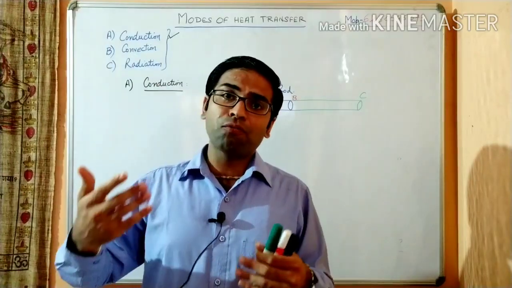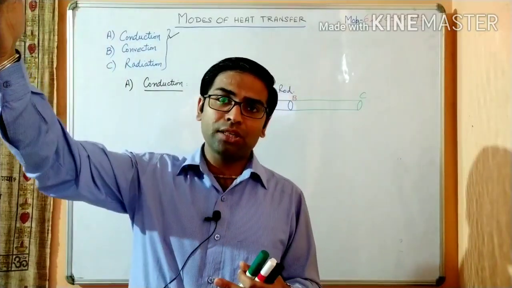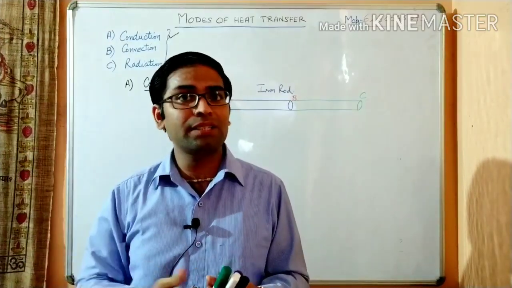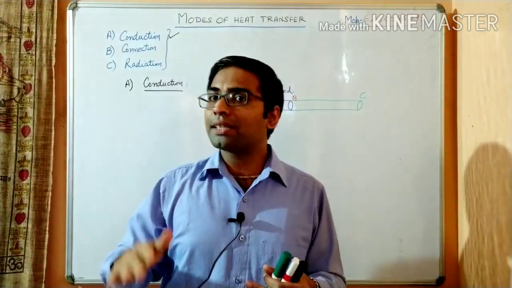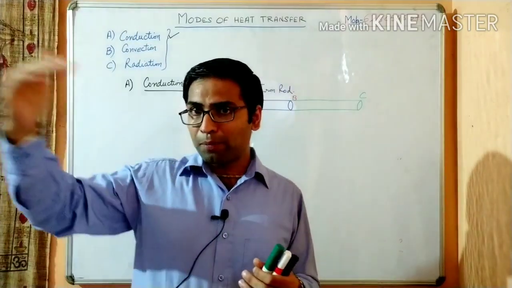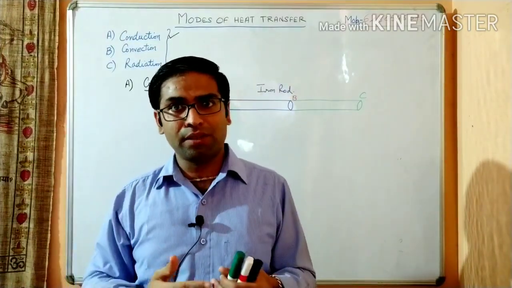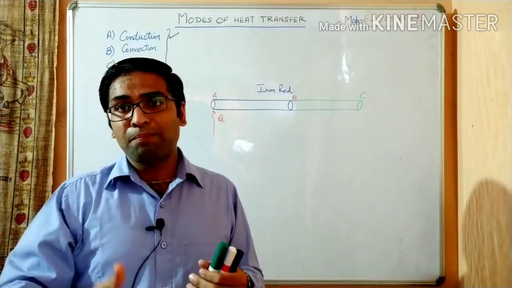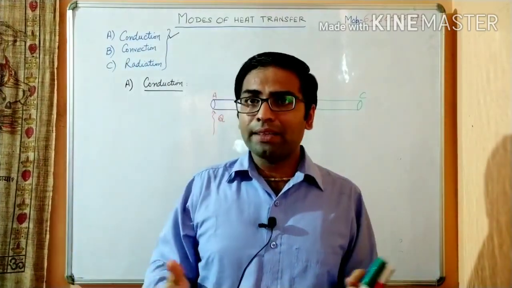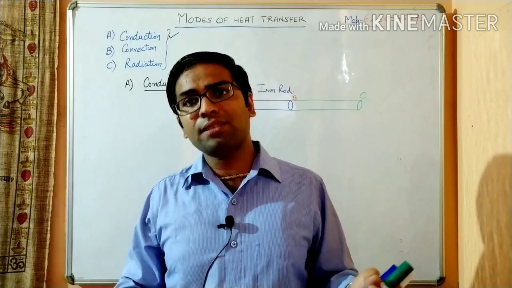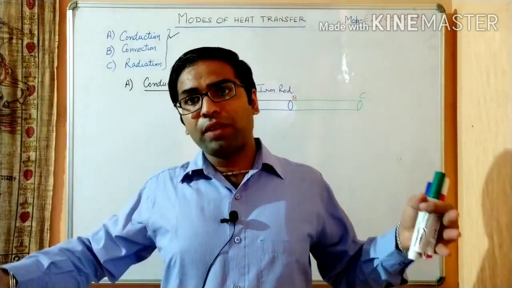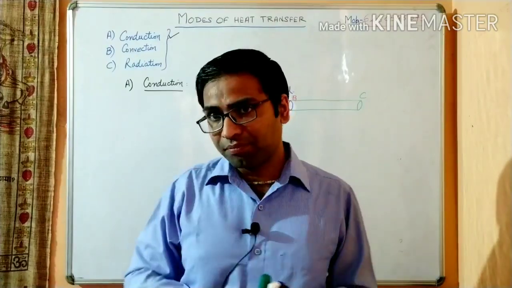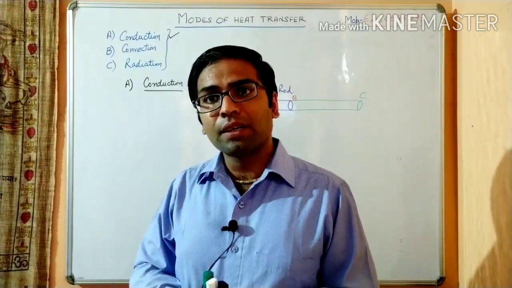Like water flows from high elevation, that means from higher altitude or high potential energy region, to lower altitude, that is low potential energy region. Similarly, from higher temperature to lower temperature side, there is natural, spontaneous flow of the heat in case of heat transfer.